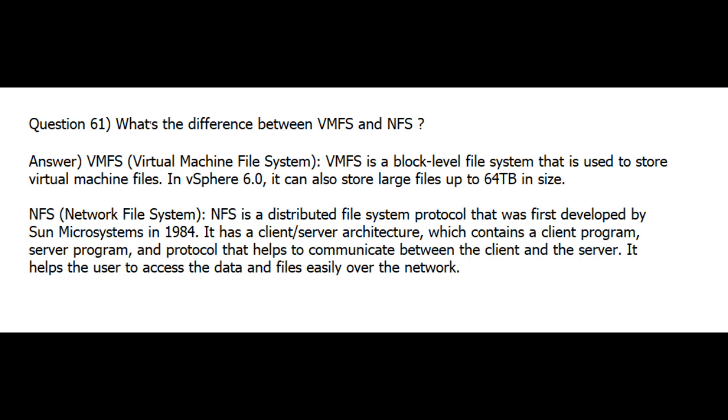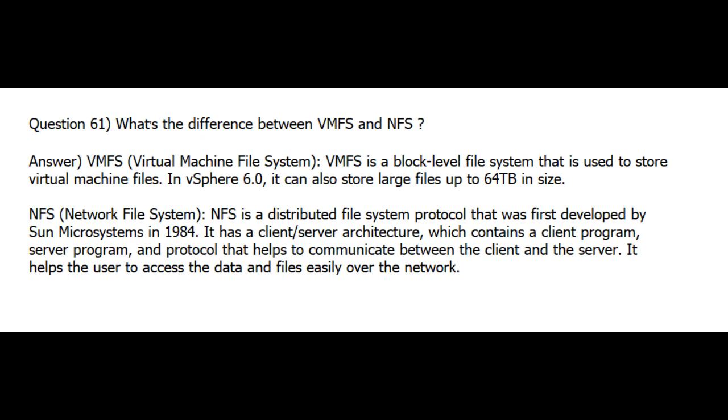Question 61. What's the difference between VMFS and NFS? Answer. VMFS, Virtual Machine File System. VMFS is a block-level file system that is used to store virtual machine files. In vSphere 6.0, it can also store large files up to 64 terabytes in size.